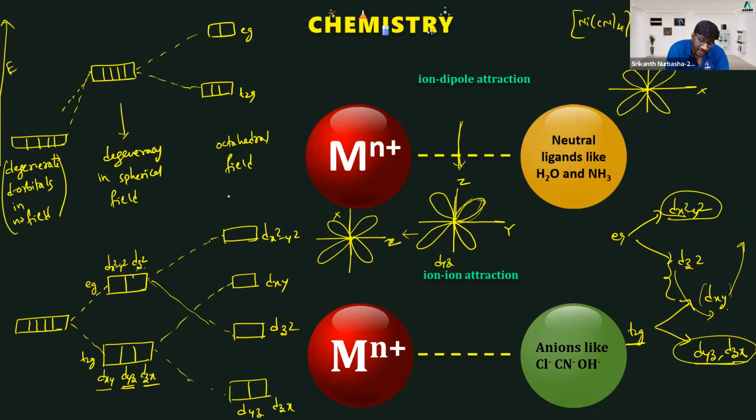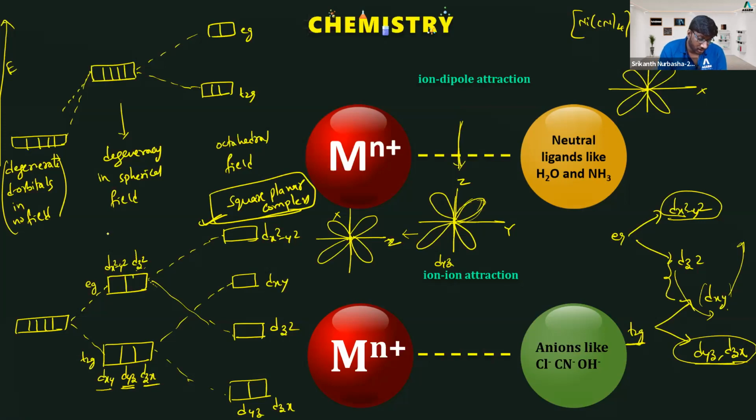So dx square minus y square will be the highest, then dxy, then dz square, then dyz, dzx. This will be the splitting in the square planar complex.